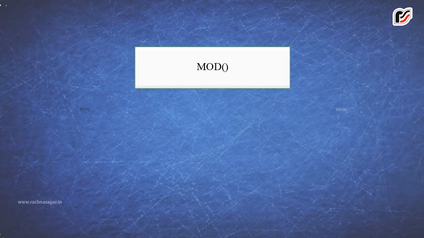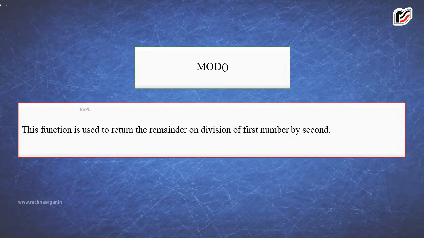MOD. This function is used to return the remainder on division of the first number by the second.